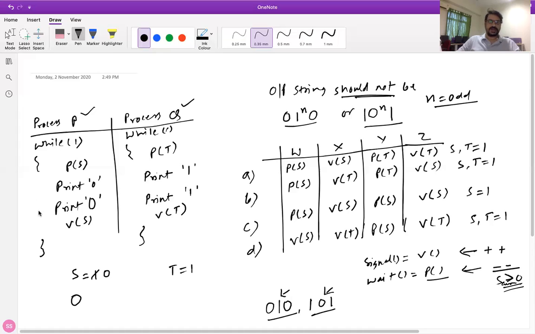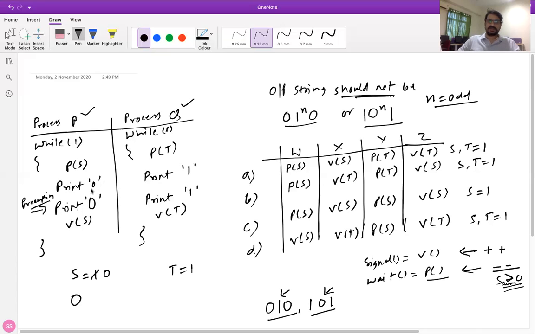Let's say after that, there is a preemption. Preemption means Q wants to execute. So P will save its state, saying that I have executed up to this code, and after resuming, we can execute the next code.